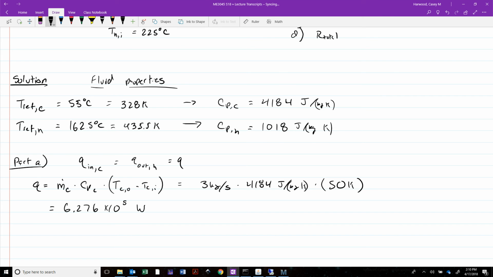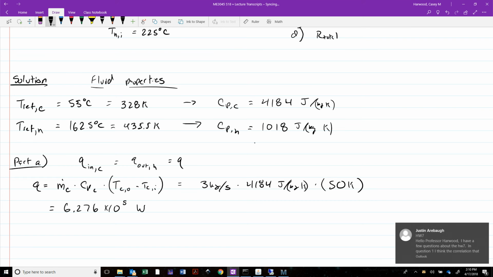Okay, that's a big number. We're talking up in the hundreds of thousands of watts. Okay, so a couple hundred kilowatts, which shouldn't be terribly surprising.